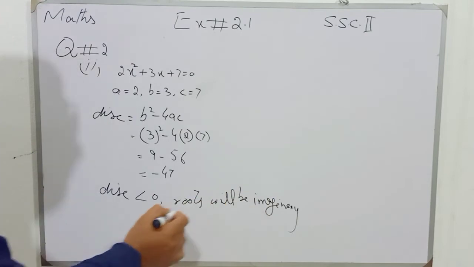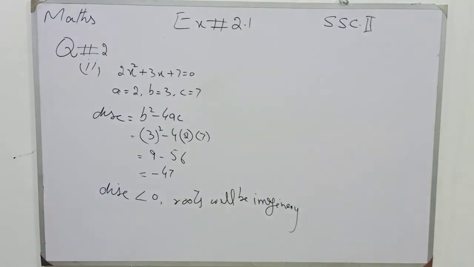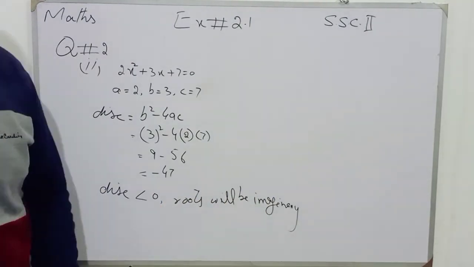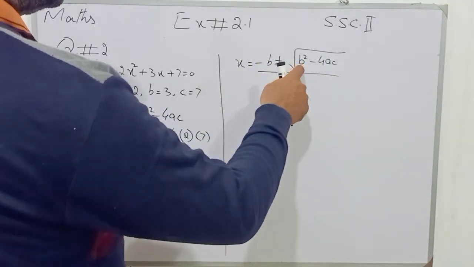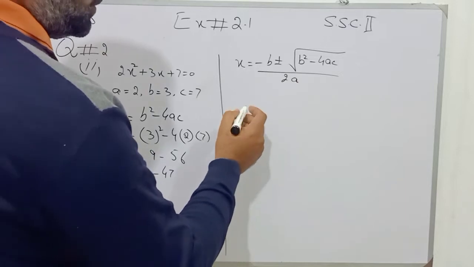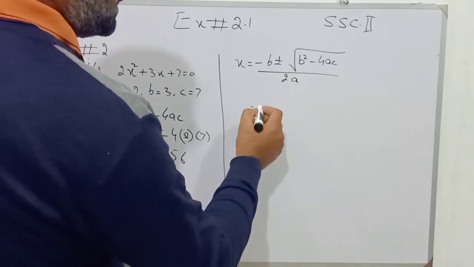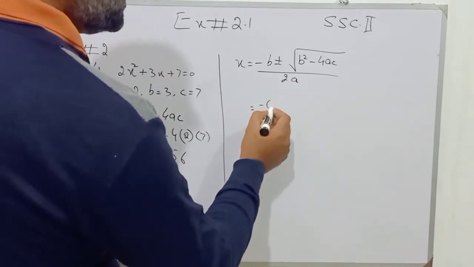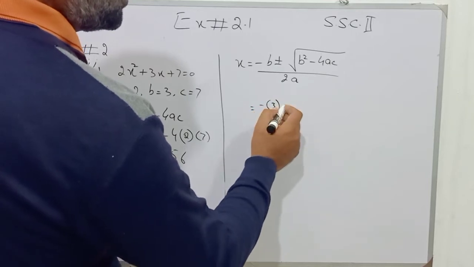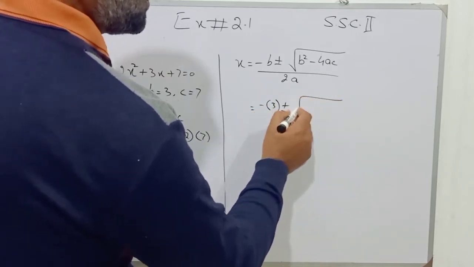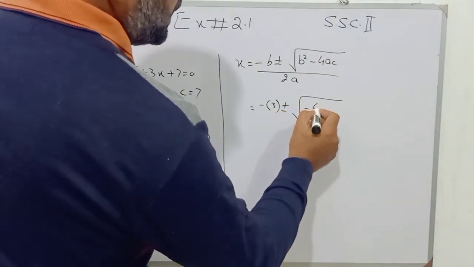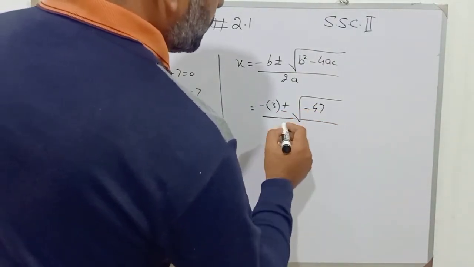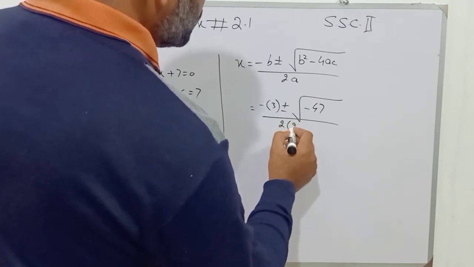Now we will verify whether our roots are imaginary or not. Students, the quadratic formula is minus b plus minus square root of b square minus 4ac over 2a. Now put the values. The value of b is 3, so it is written as minus 3 plus minus under root b square minus 4ac, which is already found out, that is minus 47, over 2a, and in place of a, 2 will be there.